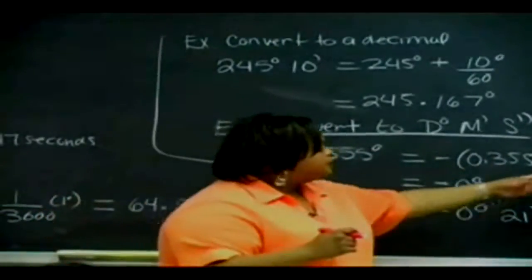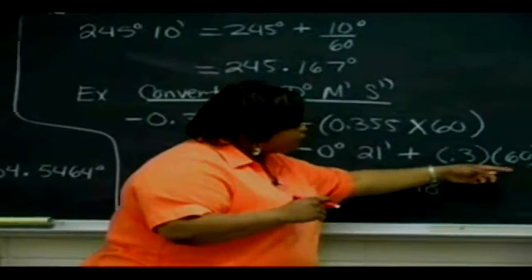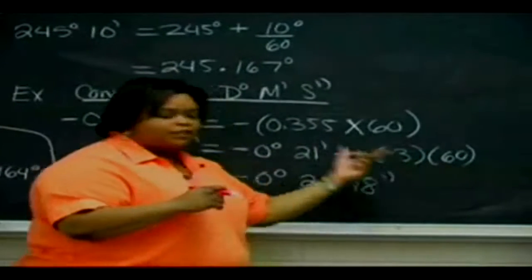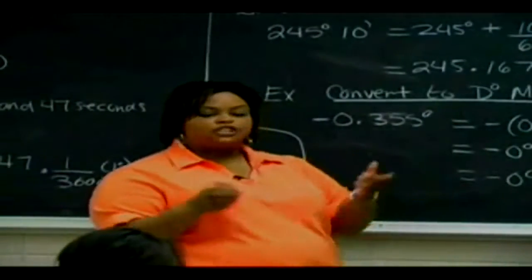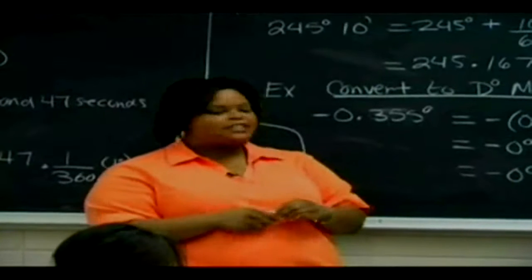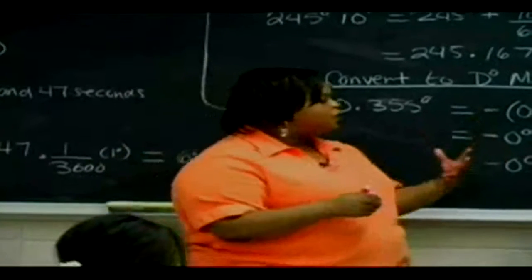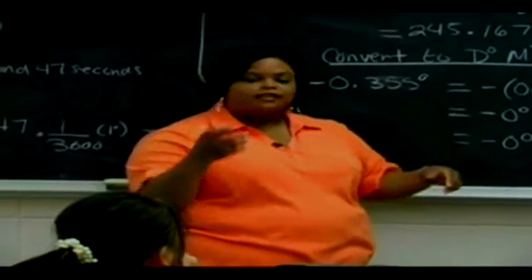Minutes. And since we multiply by 60 here, we want to go on down and do the 60 here with the 0.3 that was left over. You're still multiplying by 3,600. You're just breaking it up. This seems to be a little bit easier, because if you do all this with 360, then you won't know what portion is what. It's easiest to break it down.